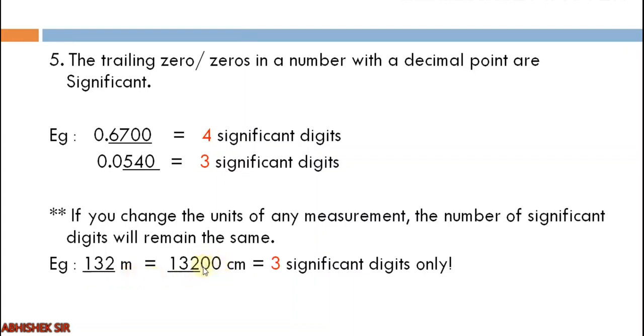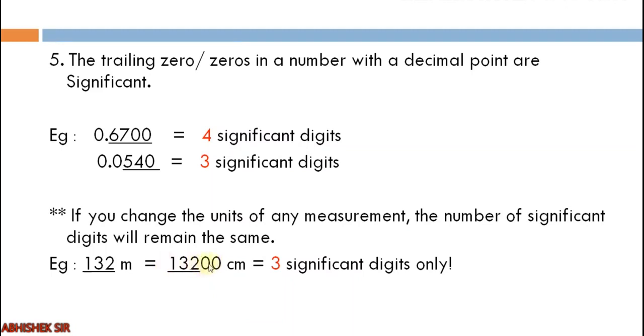So if zeros are added afterwards, according to the first rule, the number is without decimal point, right? So only the non-zero numbers are significant. So 132 is significant. Trailing zeros without any decimal point are not significant.